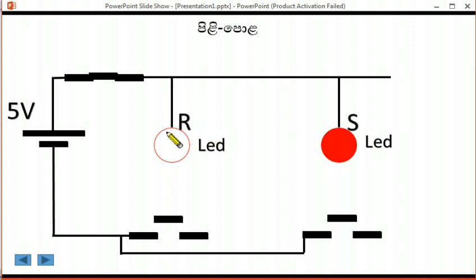The other one, which is off as soon as we supplied power, is named capital R. That means reset LED and set LED. That is how we have to label them. Practically, we should supply power first, and only then can we label them after seeing which one became on first.